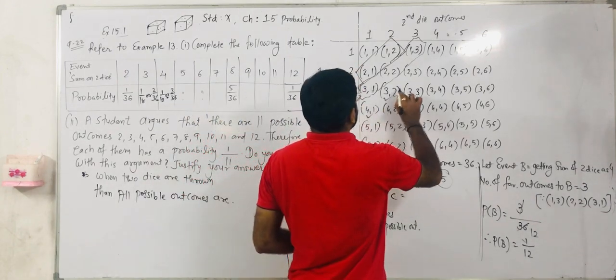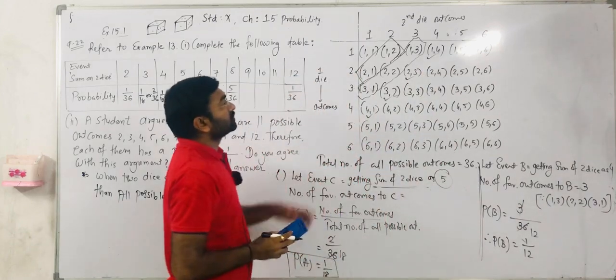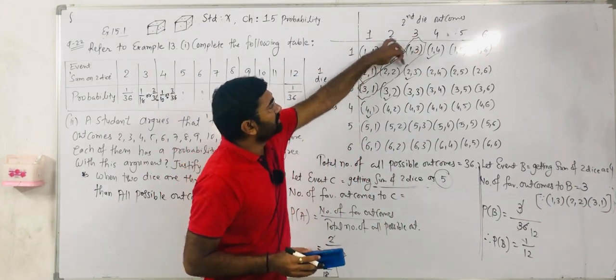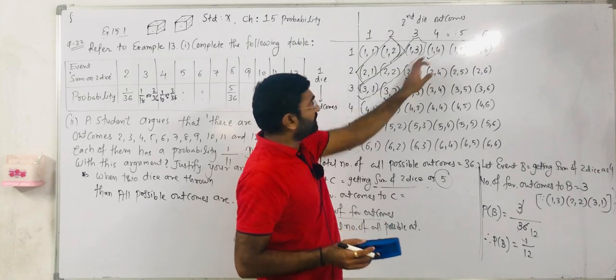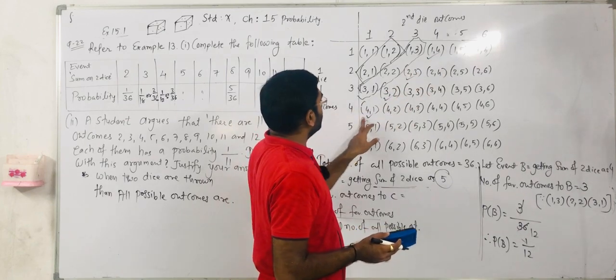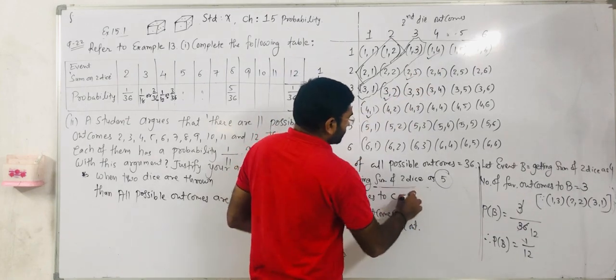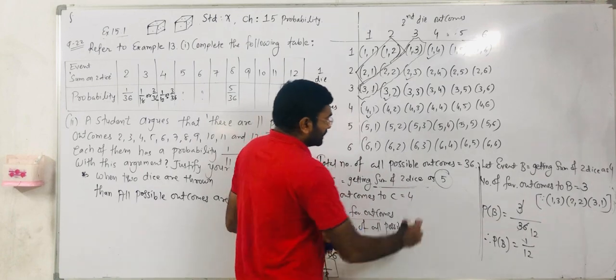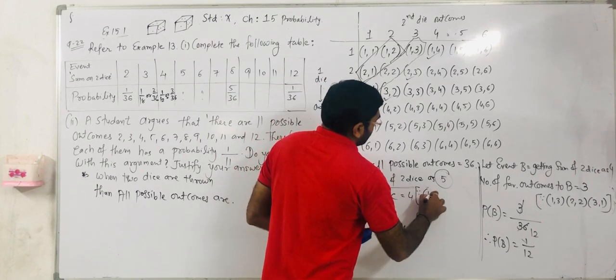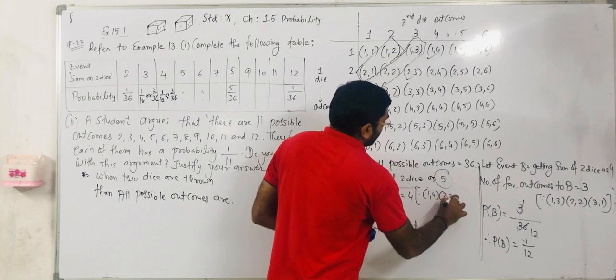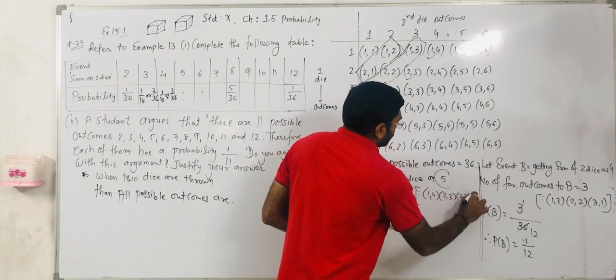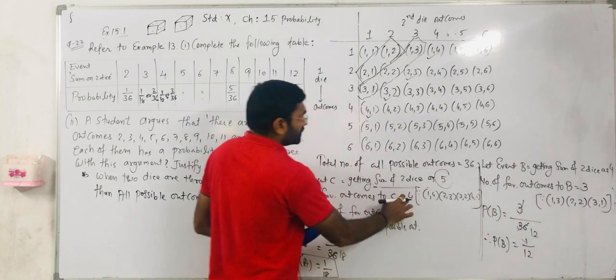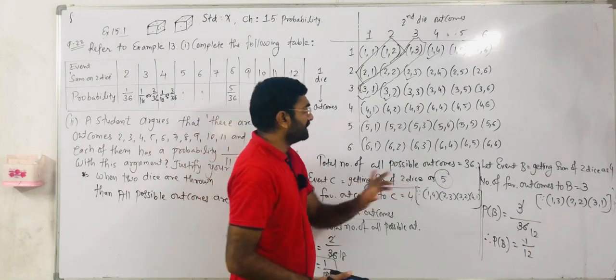So we can say in these 4 outcomes I get the summation as a 5. 1 plus 4 is a 5, 2 plus 3 is a 5, 3 plus 2 is a 5, 4 plus 1 is a 5. So we can write 4. Which 4 outcomes? We can write 1 4, 2 3, 3 2 and 4 1. These 4 outcomes in which we get the summation on two dice as a 5.